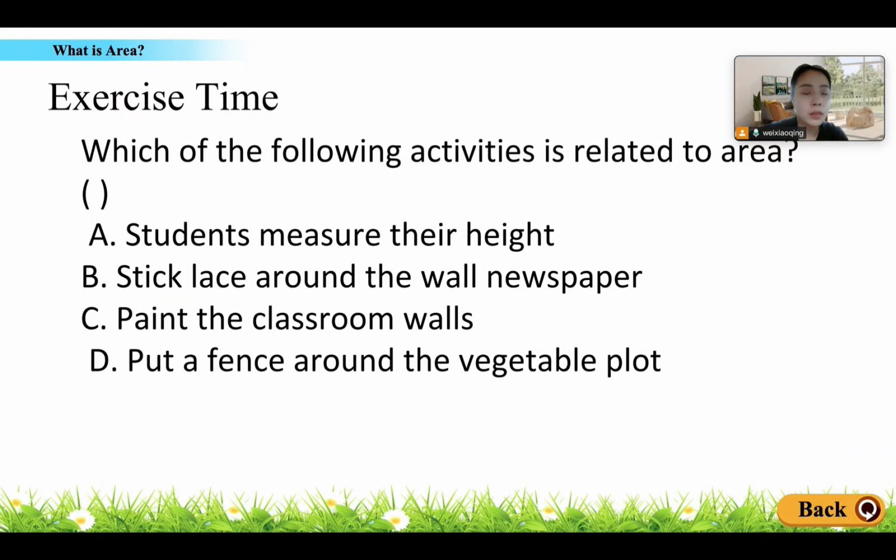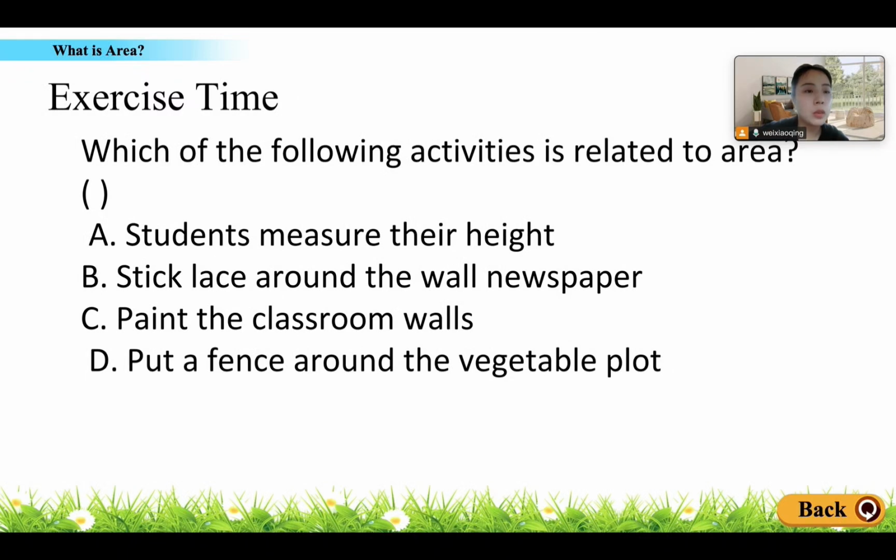Number 1. Which of the following activities is related to area? Option A. Students measure their height. Height is related to length, so this is false. Option B. Stick lace around the wall newspaper.